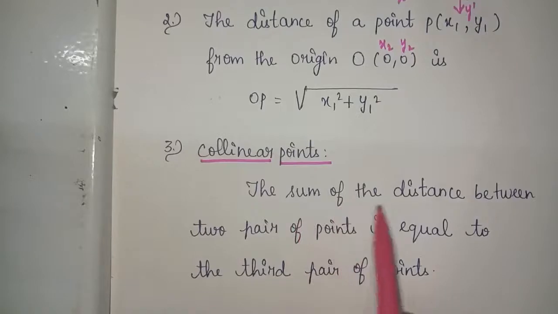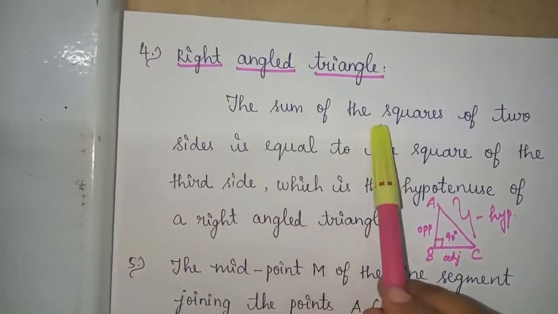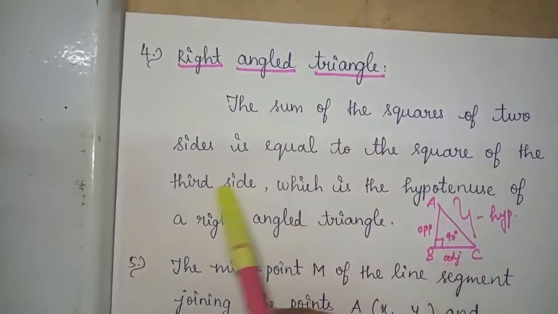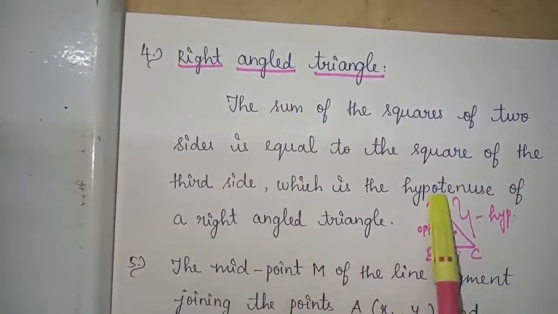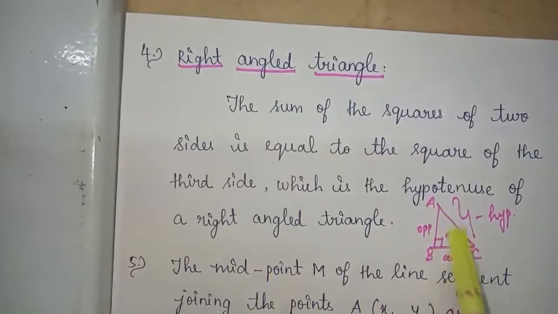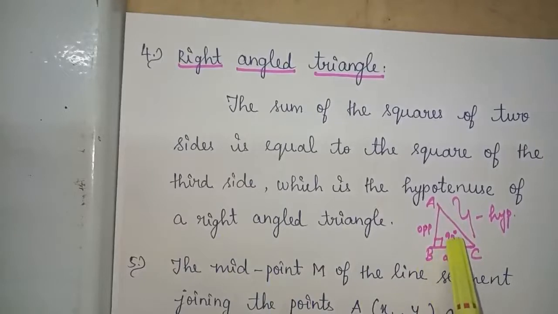Collinear points. The sum of the distances between two pairs of points is equal to the third pair of points. Right angle triangle. The sum of the squares of two sides is equal to the square of the third side, which is the hypotenuse of a right angled triangle. This is a right angle triangle ABC which is right angled at B, that is 90 degrees.